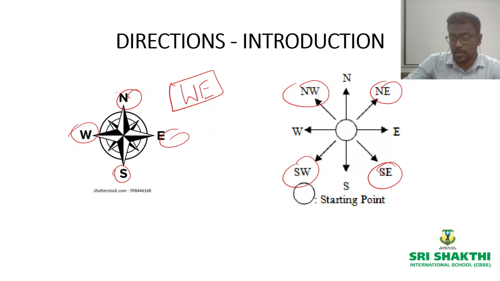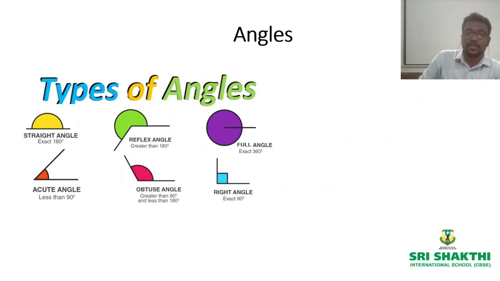In this topic, we will be learning about angles. So by seeing the picture, don't get afraid. We are not going much deeper about the angles because you people have already studied about these in your lower classes. So how these angles will be helping you in identifying the directions, or how these angles will be used to find the answers for the direction based questions.